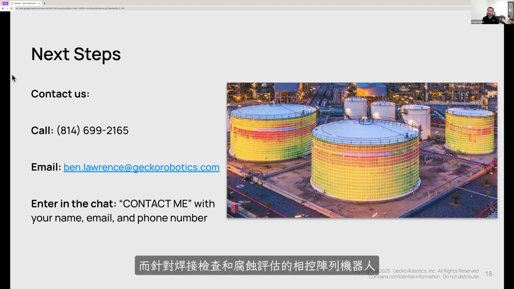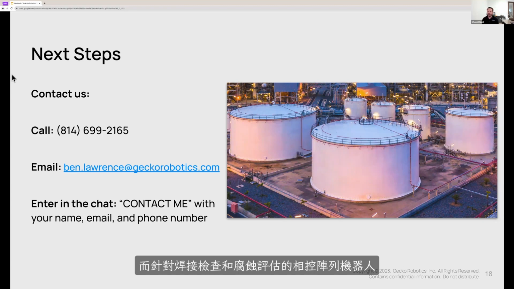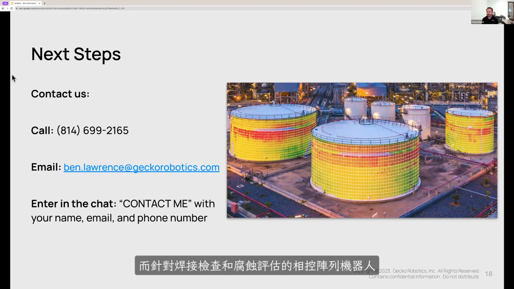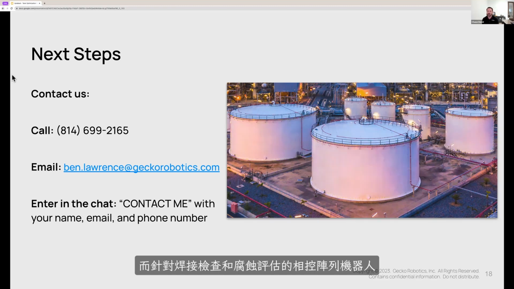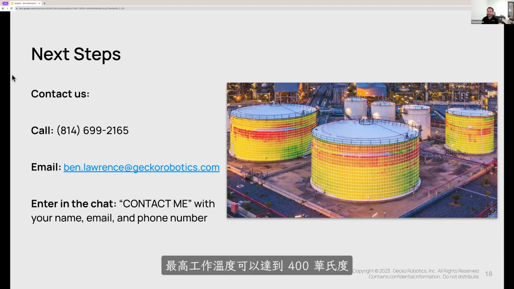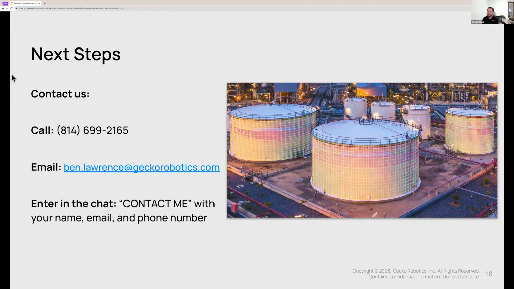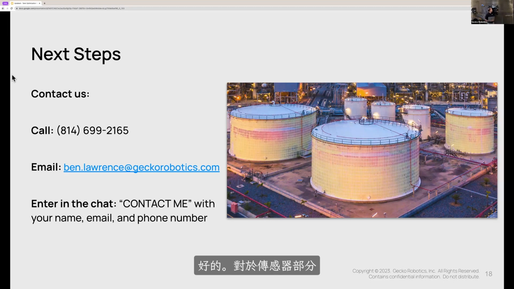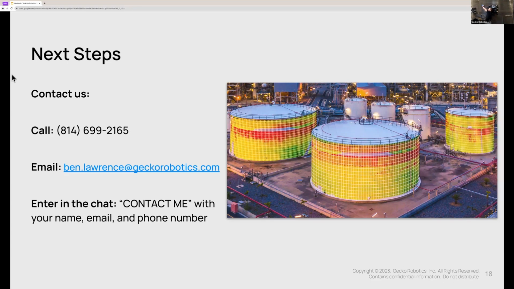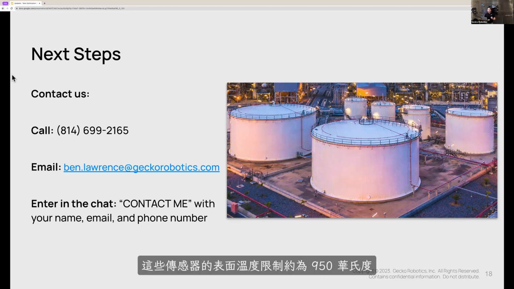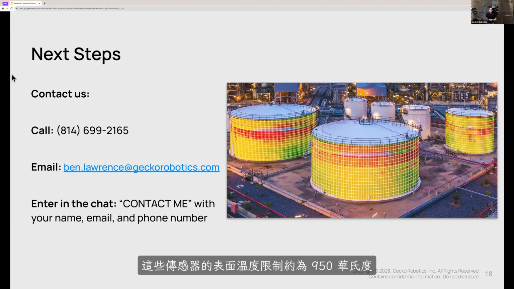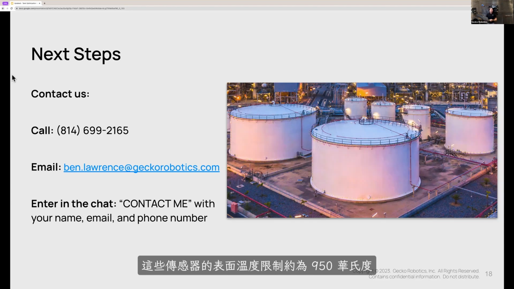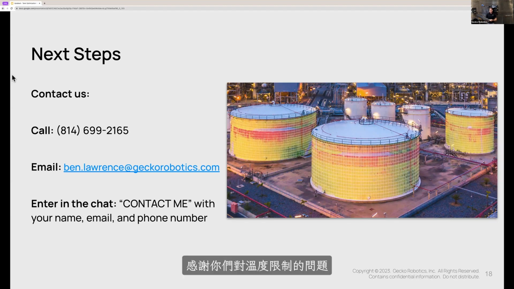And then the phased array robots for weld inspection and corrosion assessments with the higher resolution, but a little bit slower than the rug robot, up to 400 degrees F. Okay, good. And for the sensors, these guys, the surface temperature limit on those is about 950 degrees Fahrenheit. So thanks for your questions on temperature limitations.